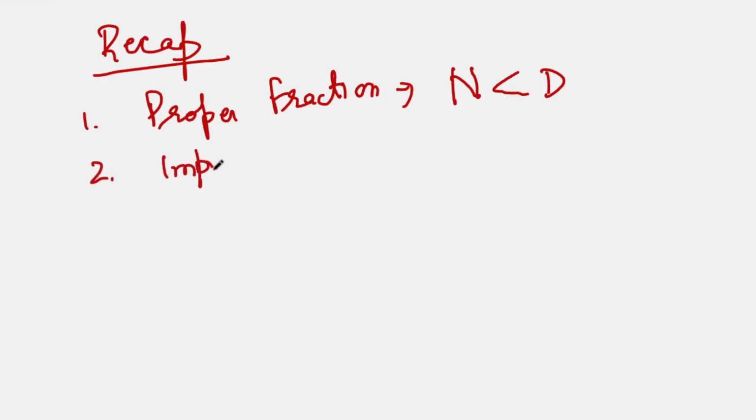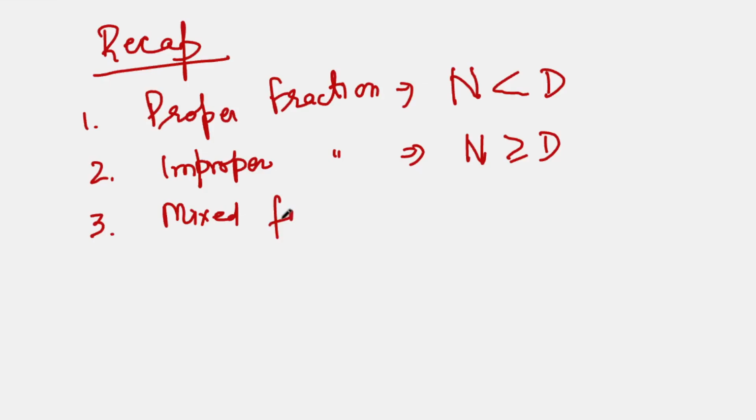Then came improper fractions, where the numerator is bigger than or equal to the denominator. Then we learnt about mixed fractions, a combination of a whole number plus a fraction. One more fact we discussed is that a mixed fraction and an improper fraction can be converted to each other.